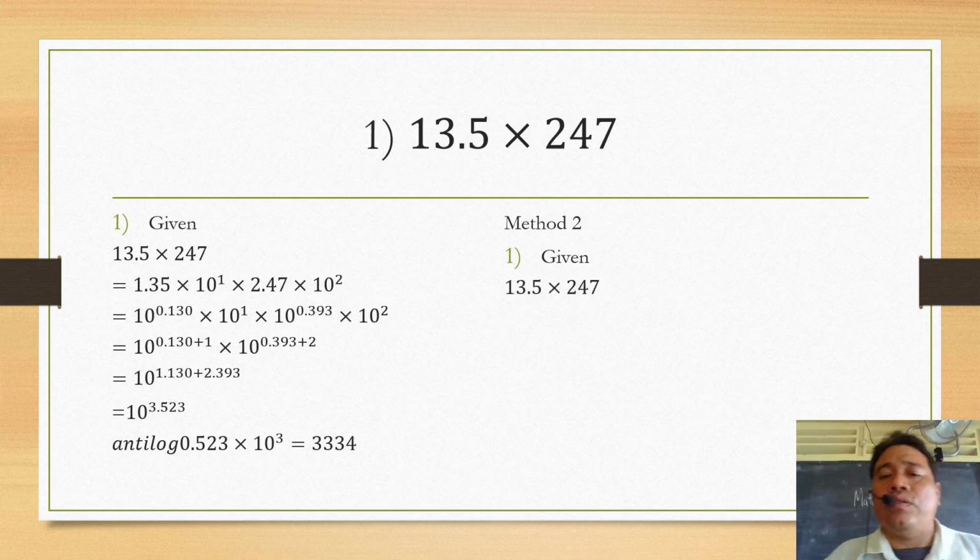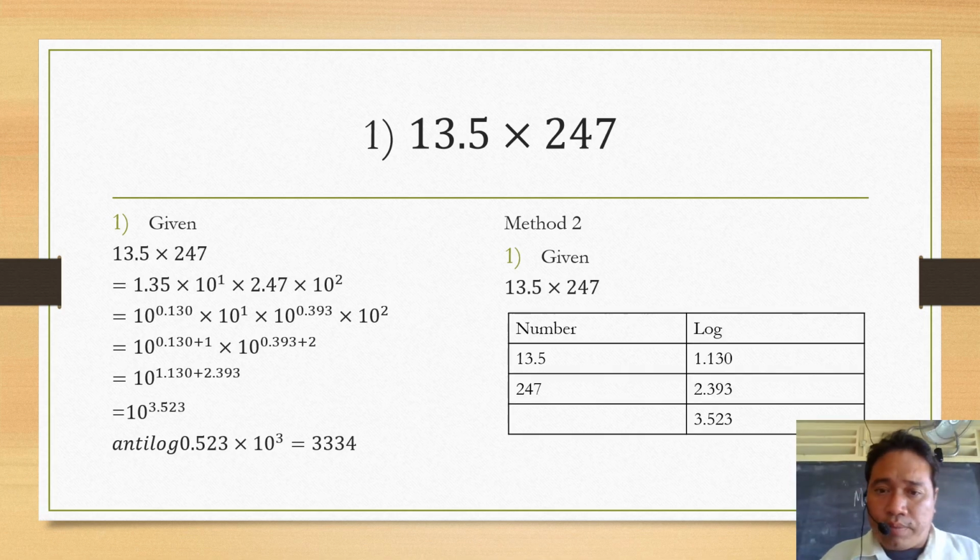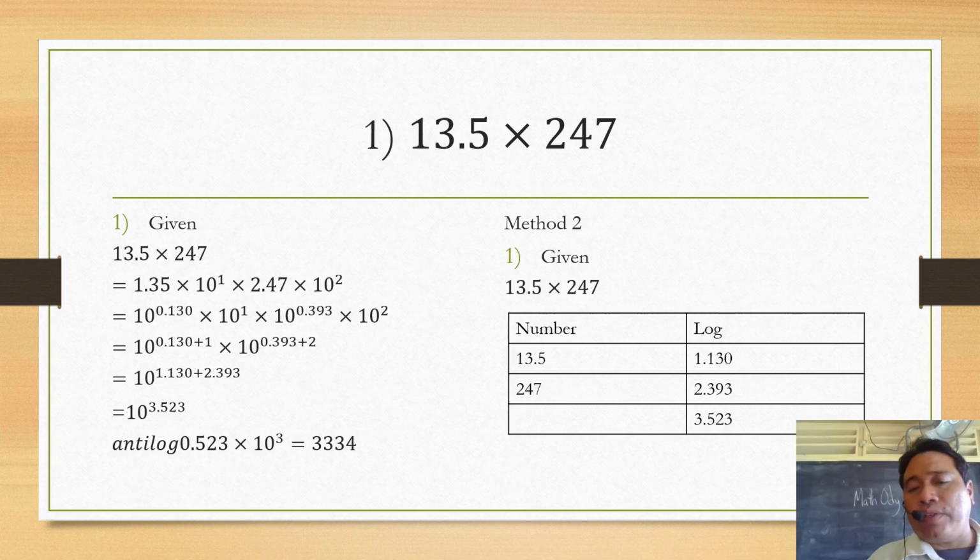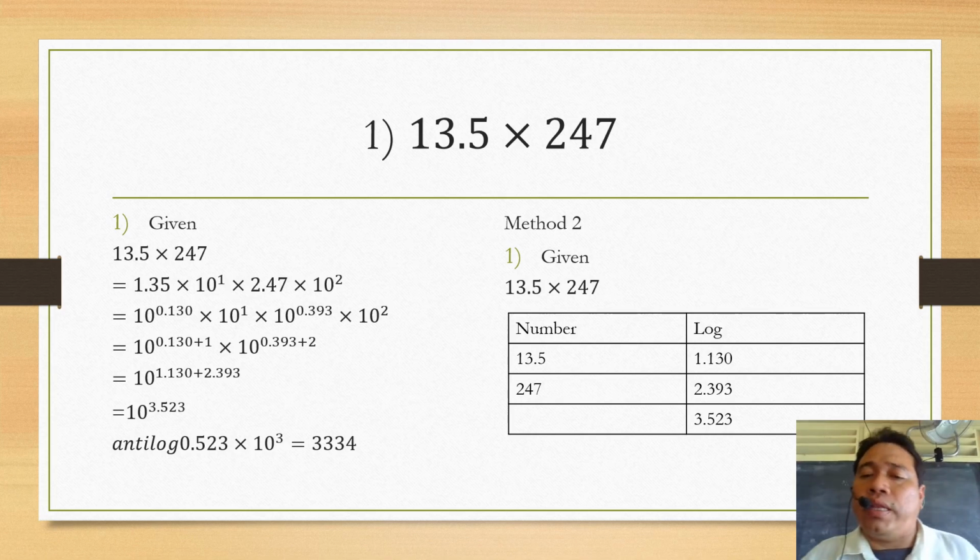Given 13.5 times 247, we are going to do a number log table, which is this. The number 13.5, the log is 1.130. The number 247, the log of it is 2.393.